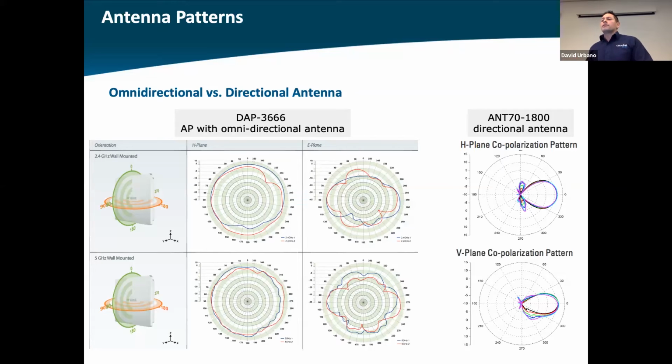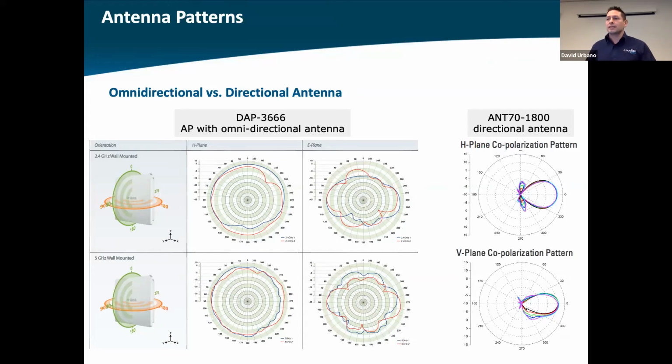Now, in terms of antenna patterns, all of our devices will have an omnidirectional antenna, where rest assured, if you install the device either on the ceiling or on the wall, you have 360 degrees of coverage per access point, regardless of management.